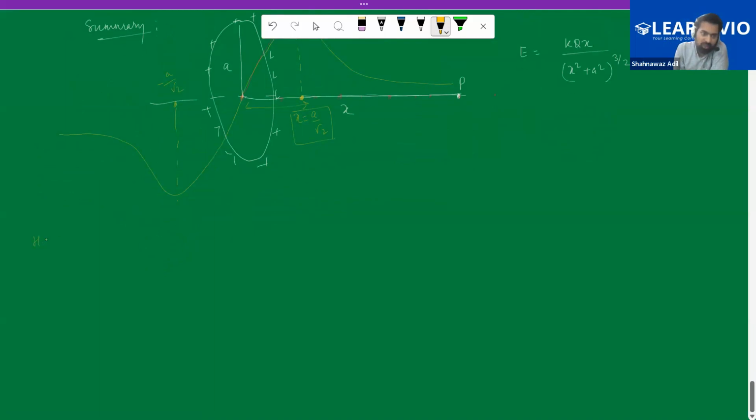Your homework is to find the maximum value of the electric field for a ring charge distribution. This is very simple.